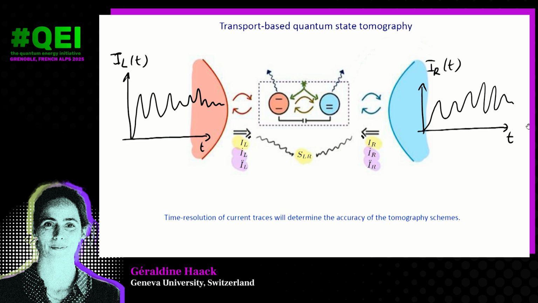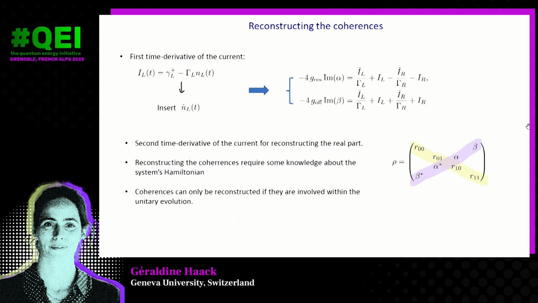Thanks, Géraldine. It was really nice. I have a follow-up question. If it's the derivative of the current at steady state, I guess it's always zero. So do I really have to rely on the transient to get the coherences? And if so, what time resolution would I need? No, okay. So the higher the time resolution you get, the better it is, as always. And then, indeed, in the steady state, these derivatives are zero.